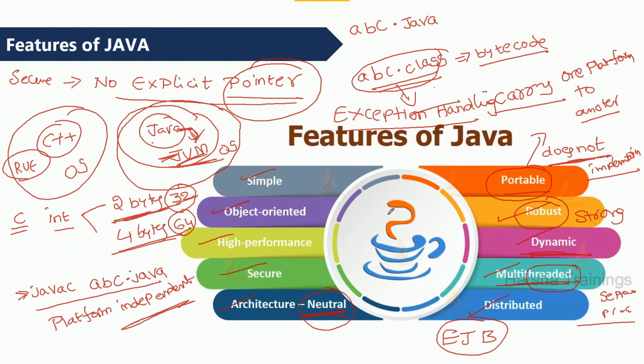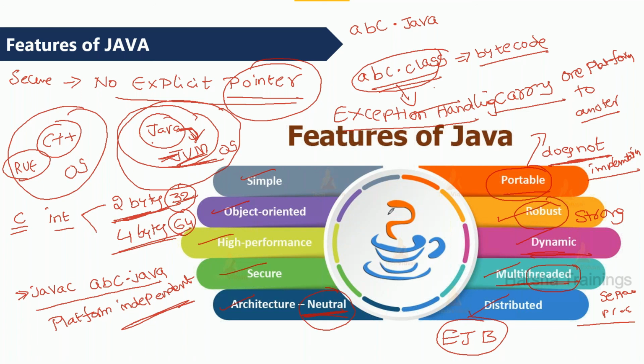For example, we are creating a Java program. That means we are creating an environment where the program is executed. This is my machine, my laptop, and in this laptop I am creating my program. Now this program is very easy to move to any operating system and any new architecture.